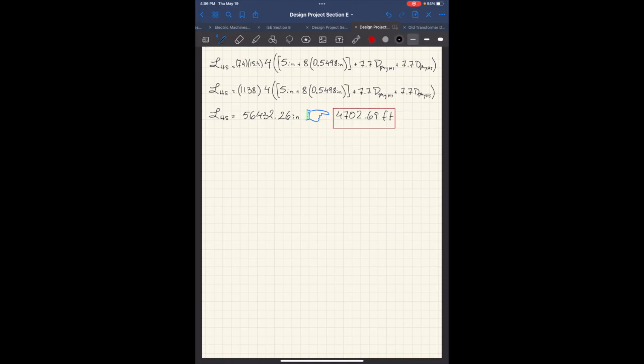Now, to find resistance, anyone remember the equation for resistance? It's been a while, I know. I'll give it to you. It's rho L over A. You probably covered this in intro to electrical.